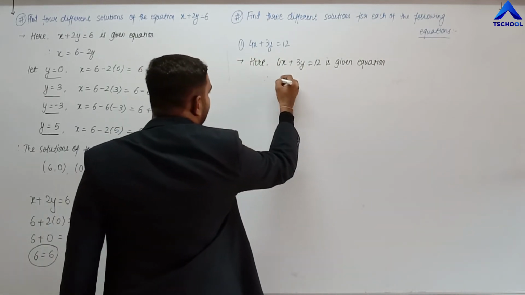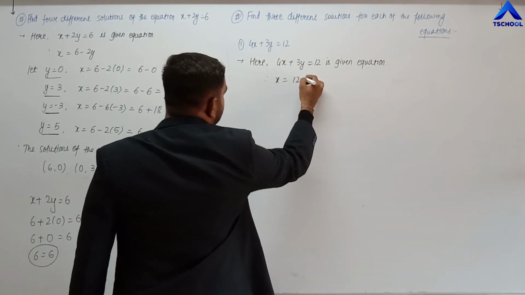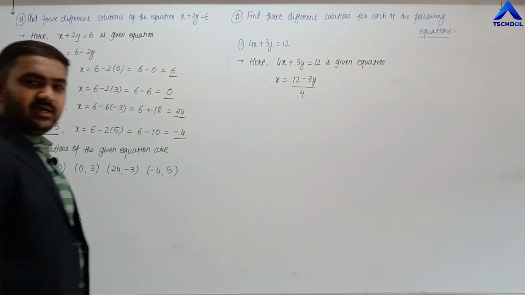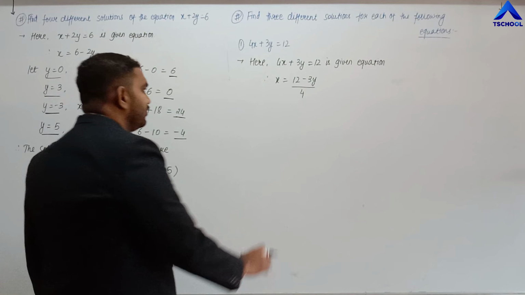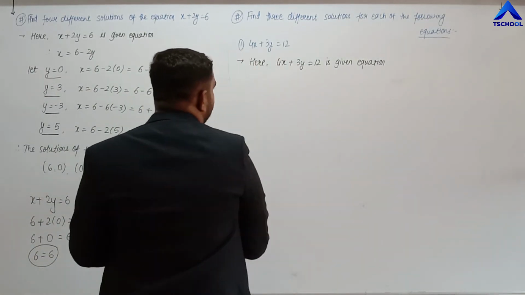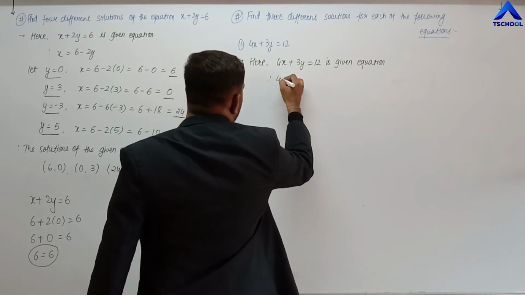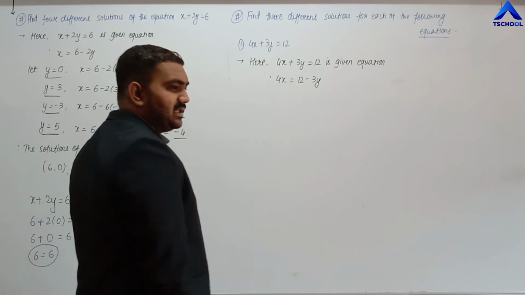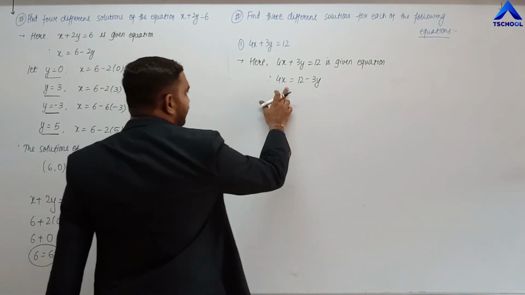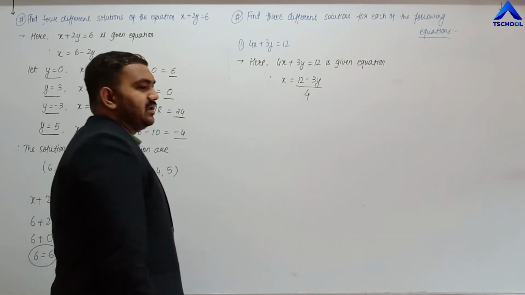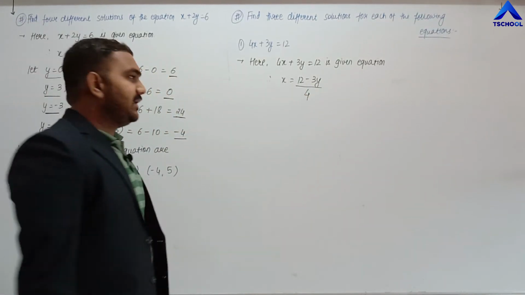Therefore, x equals (12 minus 3y) upon 4. You can write it down like this. Yes or no? See, if you don't get how to write it down, then friends, you can go step by step. Therefore, 4x equals 12 minus 3y, and from this 4x, this 4 will be removed here and it will go under the term 12 minus 3y.